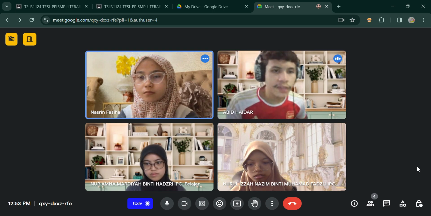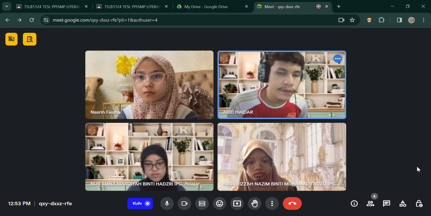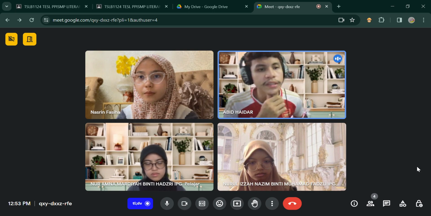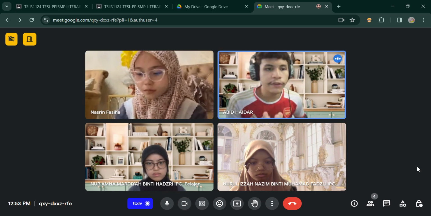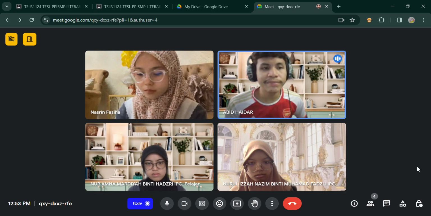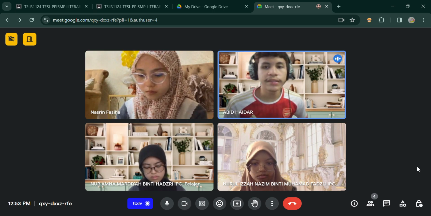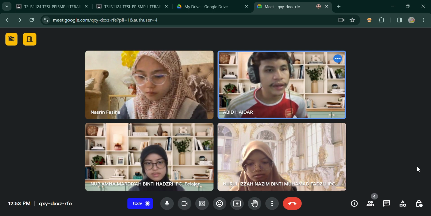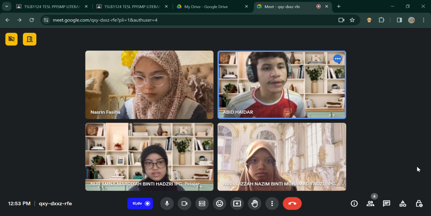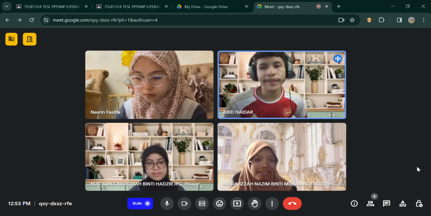So I would like to give some examples of symbolism in literature or in our daily life. For example, the dove symbolizing peace. The image of a dove is often used as a symbol of peace. For instance, a dove carrying an olive branch is a widely recognized symbol of tranquility and harmony.